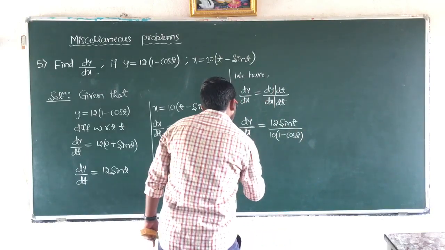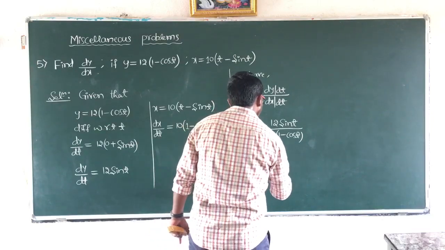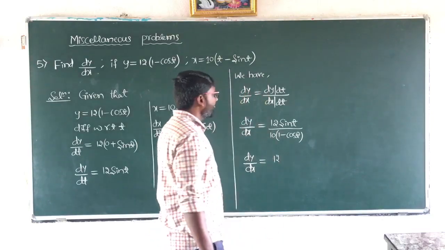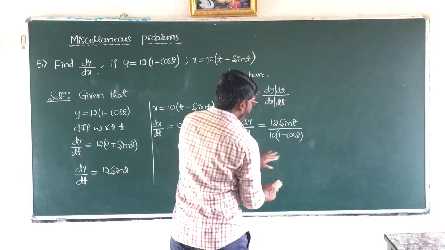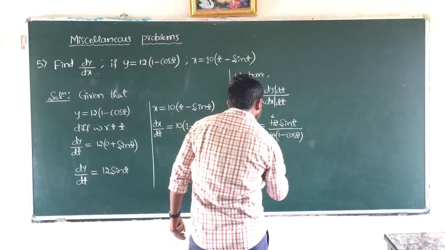So now dy by dx is equal to 12, I write it as it is. Then 2 6s are 12 and 2 5s are 10. So 6 I write it as it is.